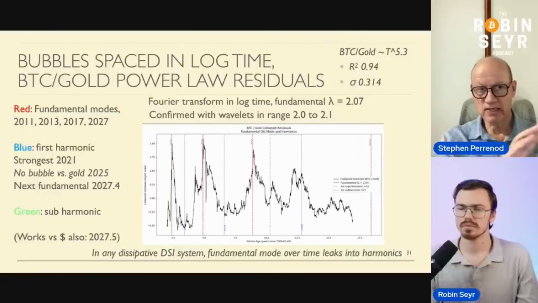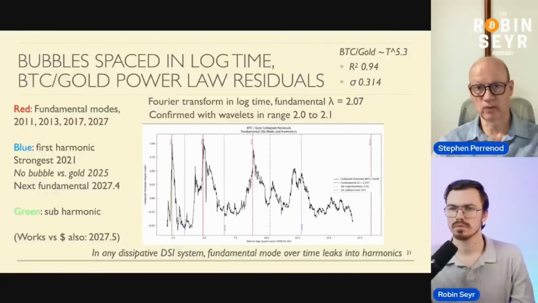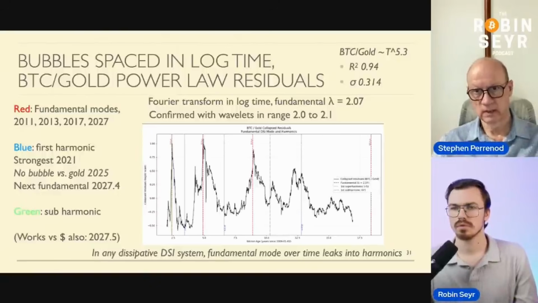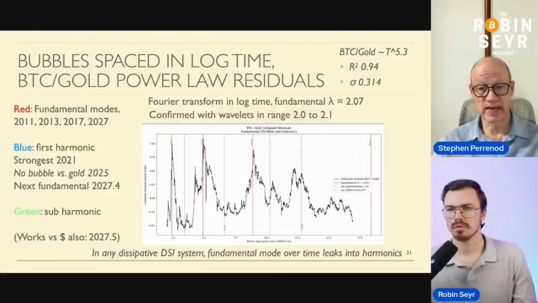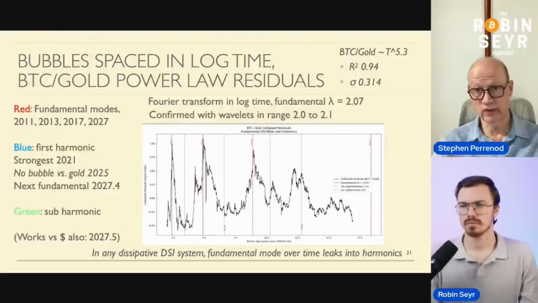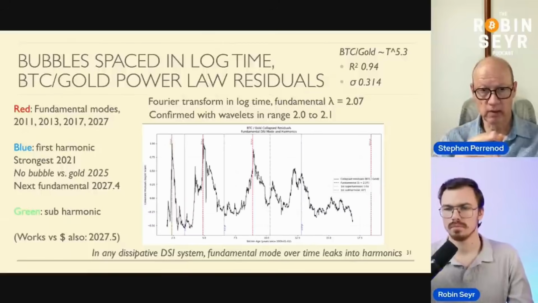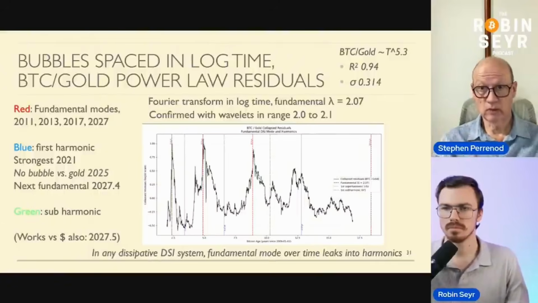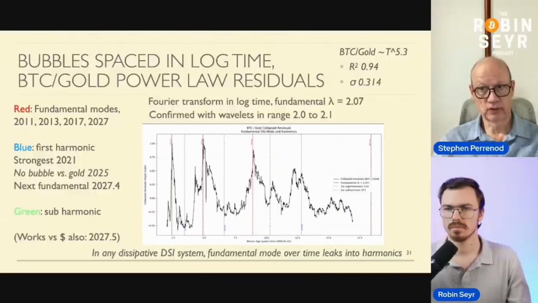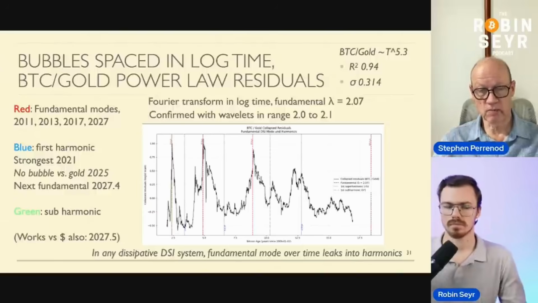Okay, so now I did a full Fourier transform analysis of all the data, and I found lambda equals 2.07. And the first time I did it against gold, Bitcoin and gold. So that's what this chart is showing you. This is showing the Bitcoin price residuals measured in gold ounces as a function of time. This is the linear age. And I looked at the fundamental of lambda 2.07, but I also looked at the harmonics.